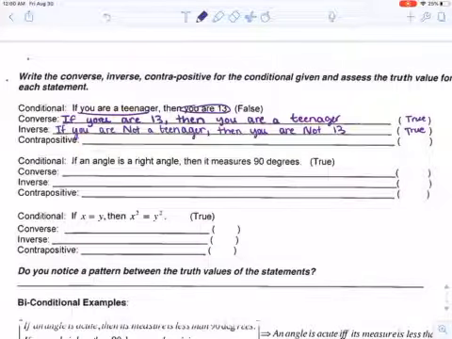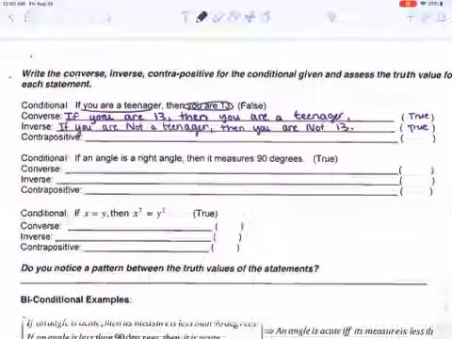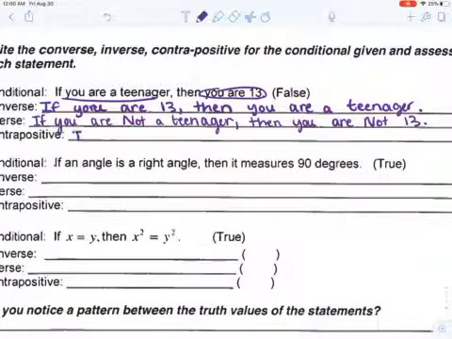Lastly, we have our contrapositive. We have the flip not. If you are not 13, then you are not a teenager.